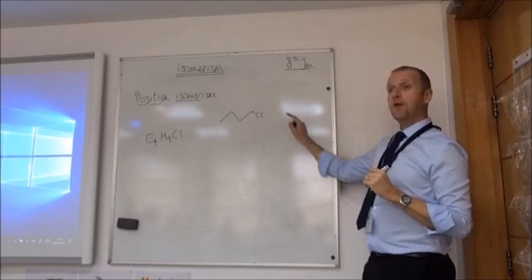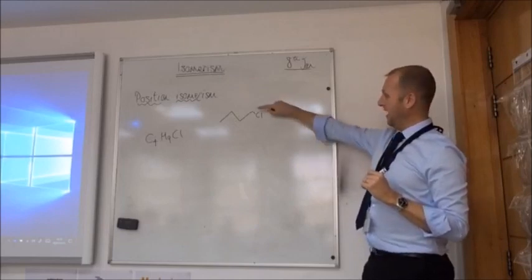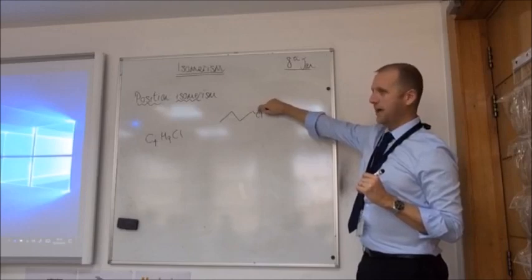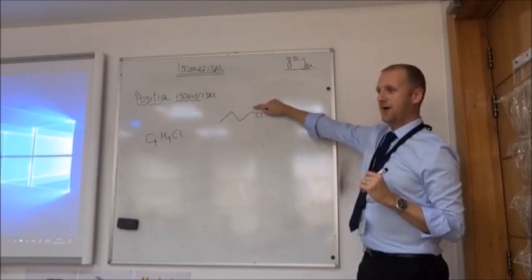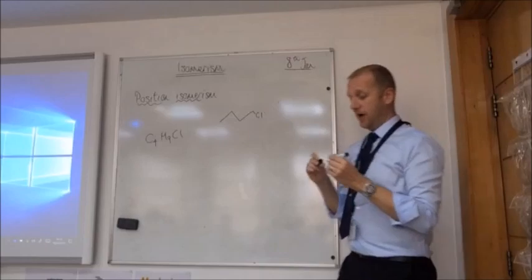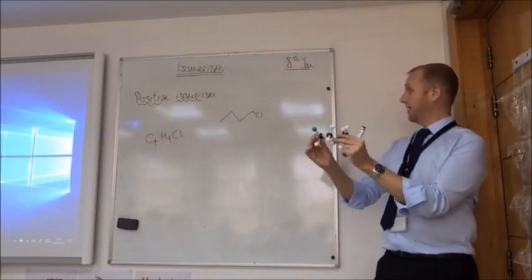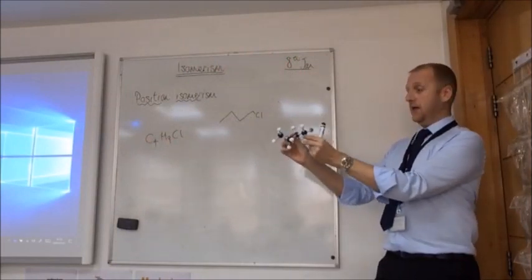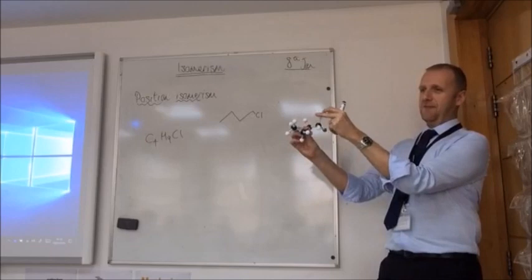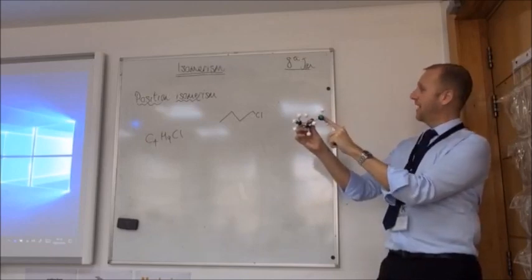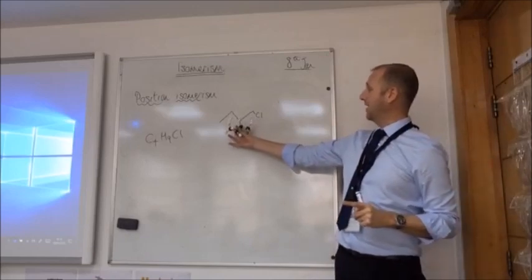What I hope you noticed is it doesn't really matter which part of this carbon it's joined to. If I take this one, because you've actually made that particular isomer that way round, they spin around, so it doesn't matter which one it goes on. So it's just that chlorine on the end, exactly like that.